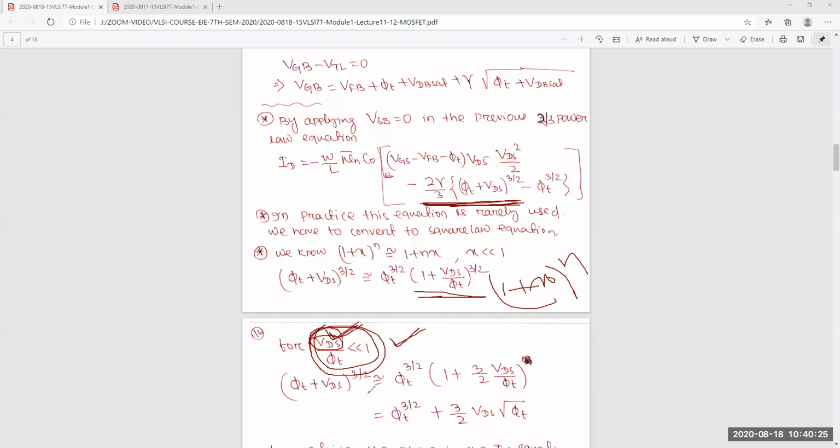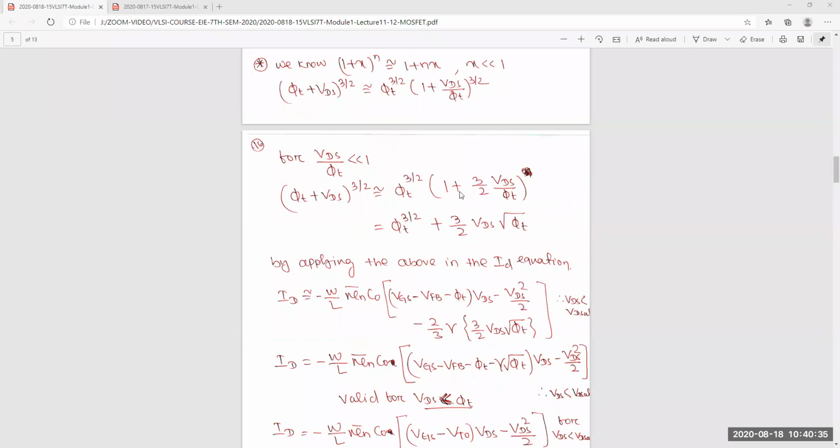So now we can convert this equation finally. If you convert this, we get this type of equation, and if we multiply, finally we will get this, phi t plus VDS to the power 3/2.